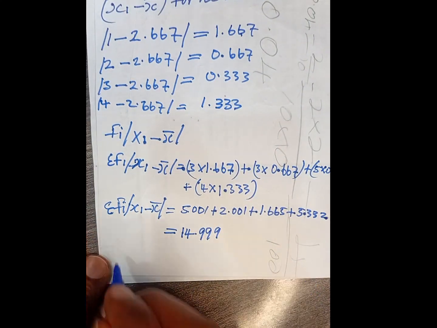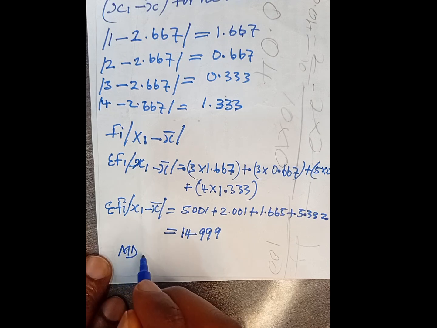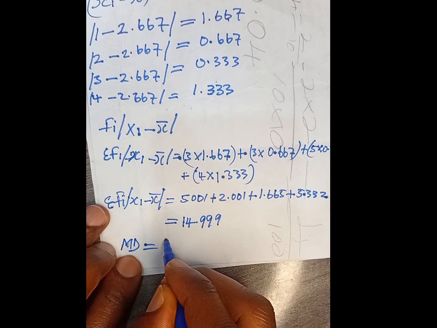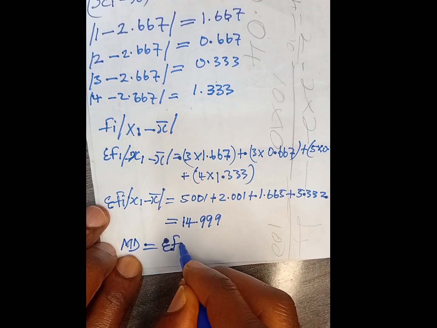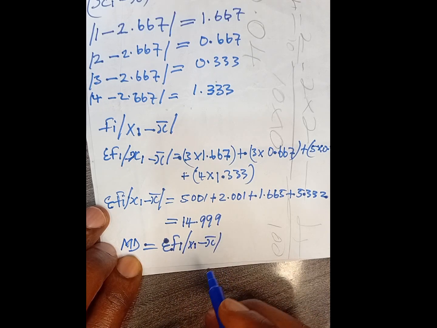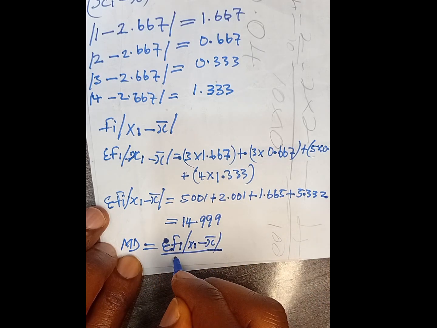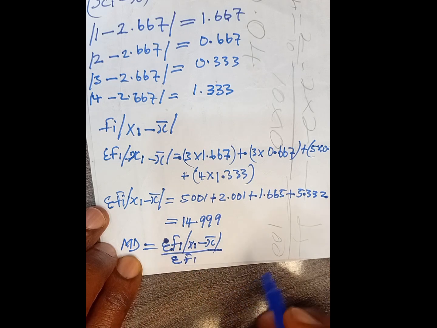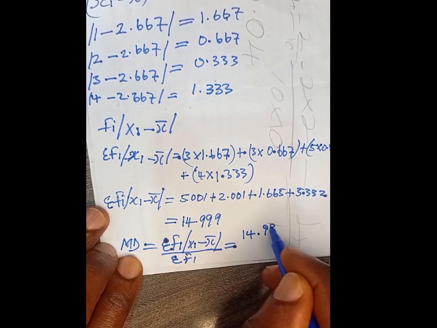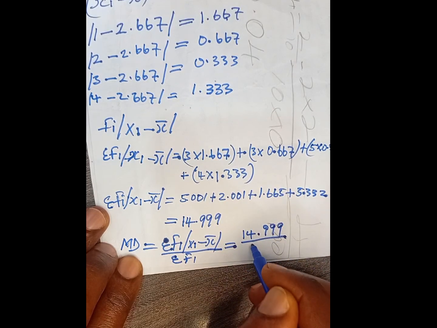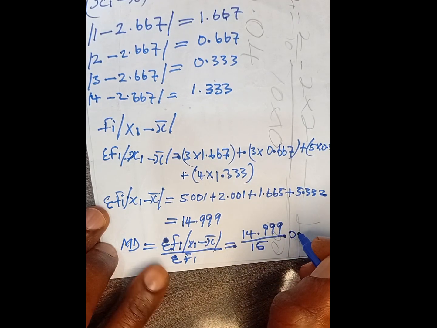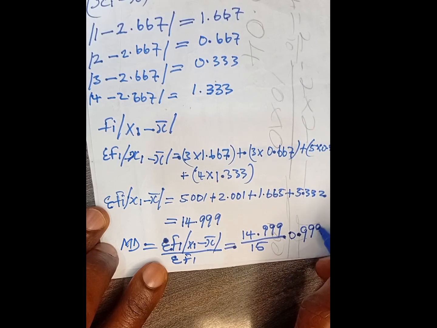To get the mean deviation, MD, it equals the summation of f1 times x1 minus x bar, all divided by summation of f1, which is equal to 14.999 divided by 15, which will give us 0.9999.